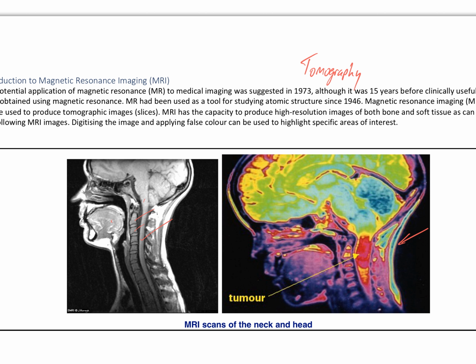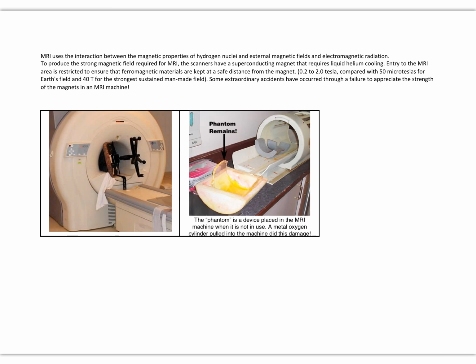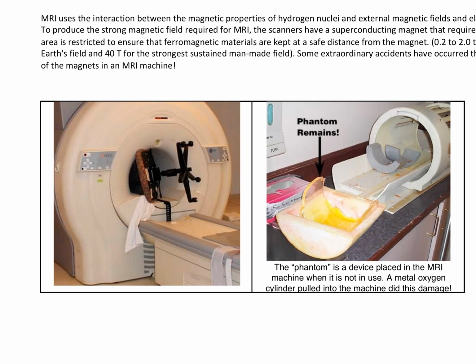MRIs involve the use of very powerful magnetic fields, and you can see there's a whole host of images on the web. Because there's such a strong magnetic field emanating through this machine, you need to keep any materials with iron or ferromagnetic materials away from them in separate rooms.